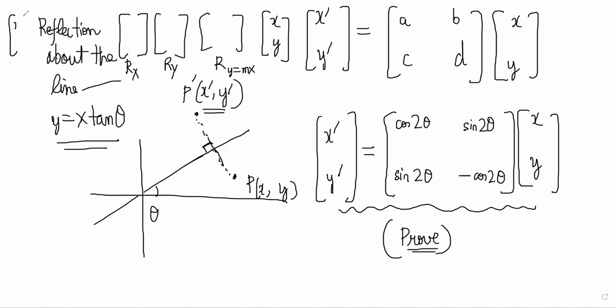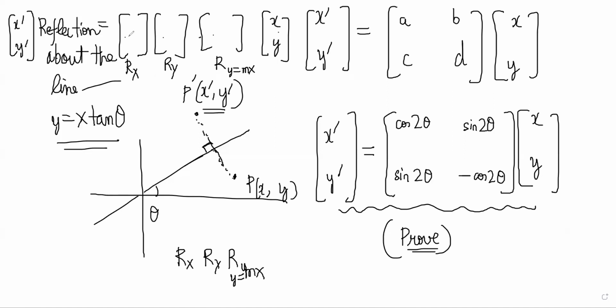Ultimately, you will get the final point x dash, y dash after it has been worked upon by all of these matrices. First you will apply this, then this, then this, but the effect will be the same as the product of these matrices.